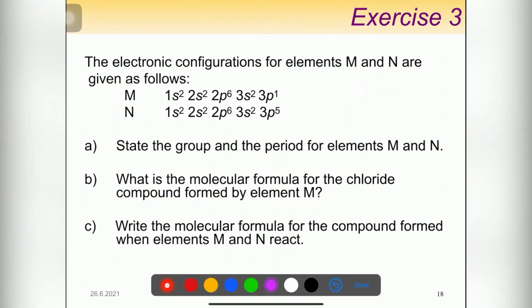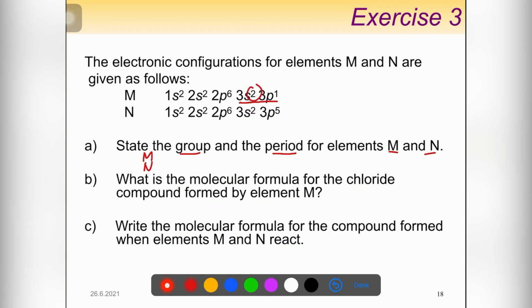Okay, exercise 3. The electronic configurations for the elements M and N are given as follows, and it needs you to state the group and period for M and N. So for M, let's see M. The group for M, highest n is 3.